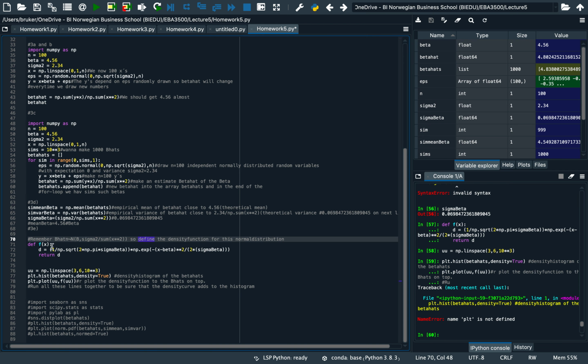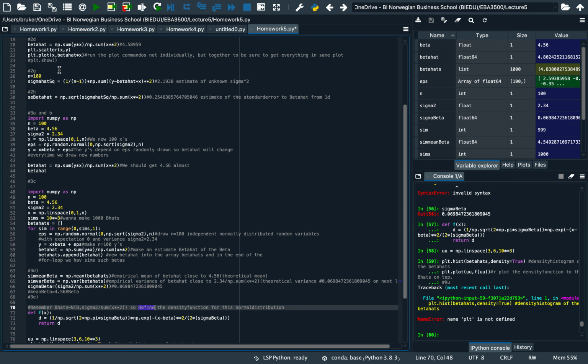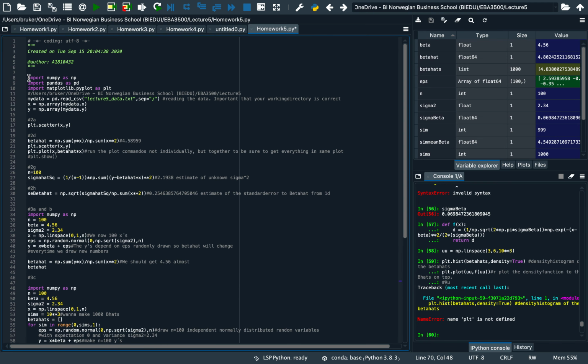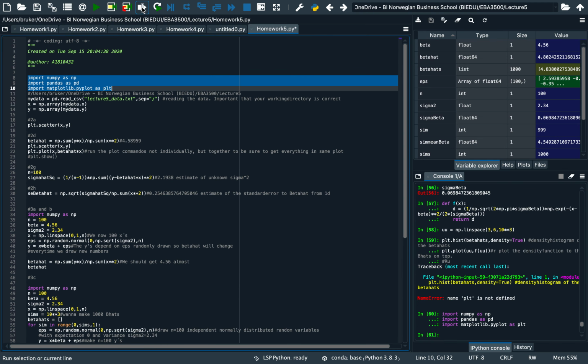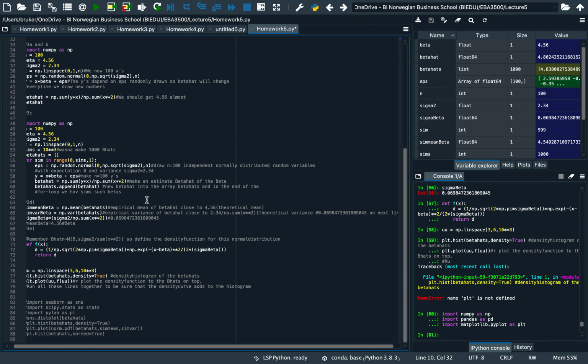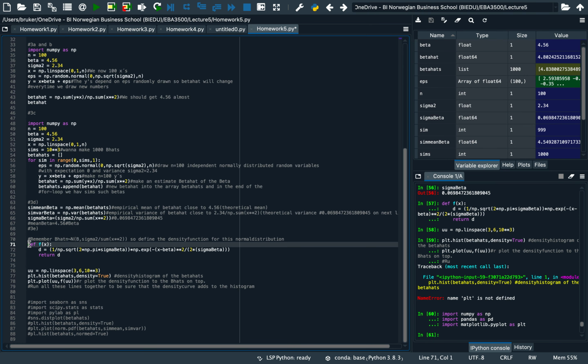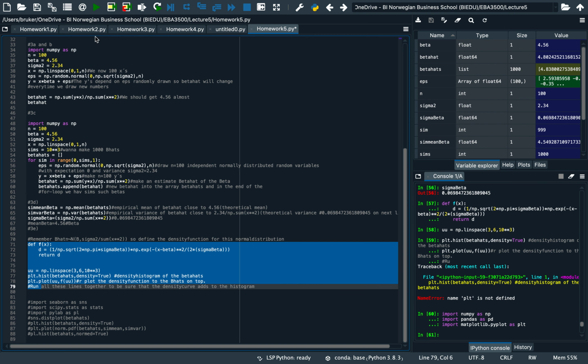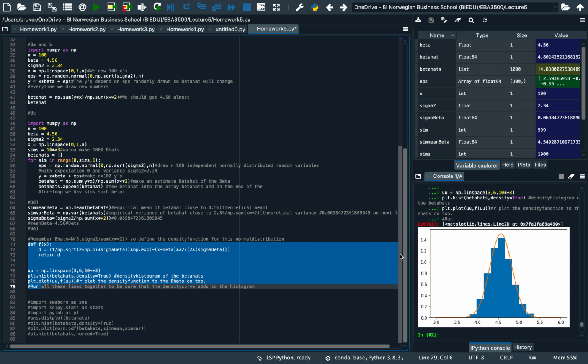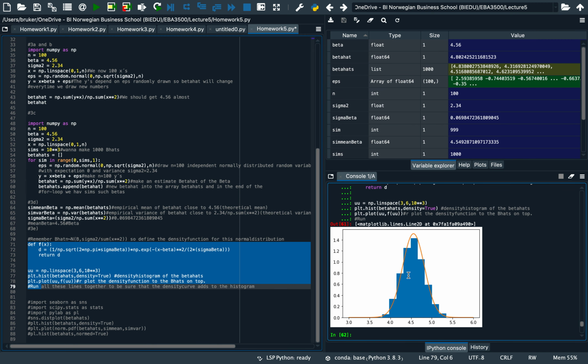We have to run some more here, I think. Here. So here you see the histogram, and we can see that the density curve really fits this density histogram.